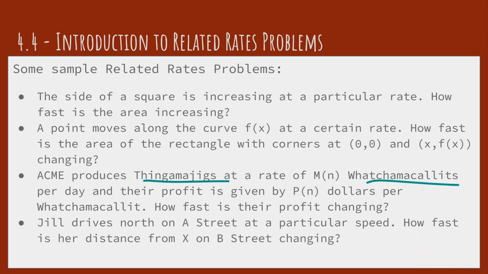Then we can create some sort of geometric relationship and use calculus to solve that. So there are lots of different types of problems that we can solve using calculus and related rates. The key to getting started is recognizing the rates in the problem and recognizing the rates that might be asked for in the problem.